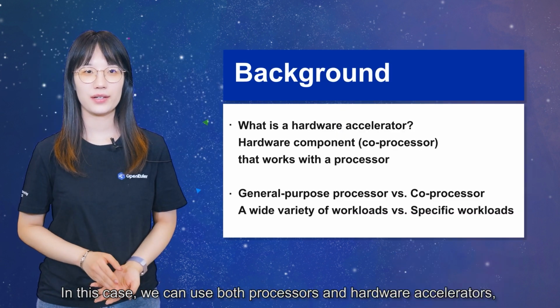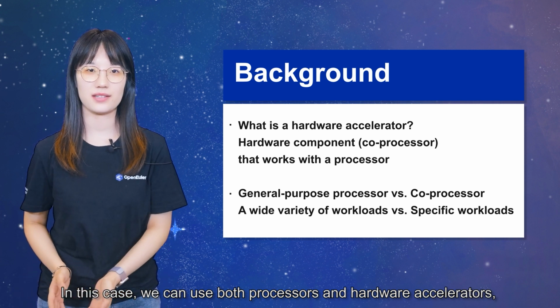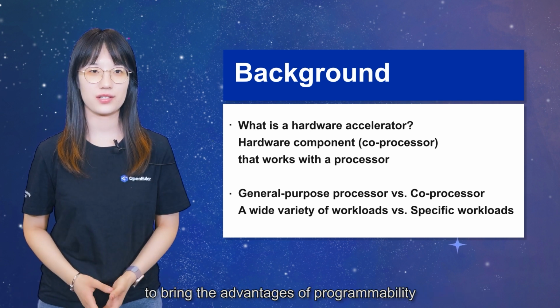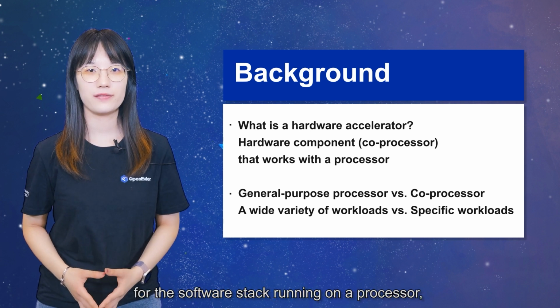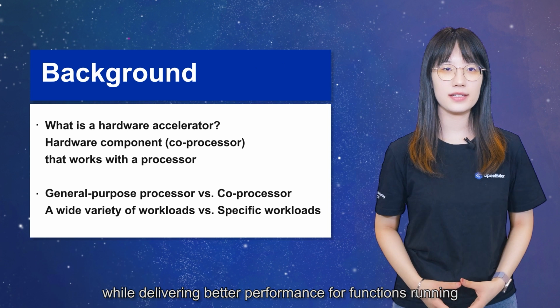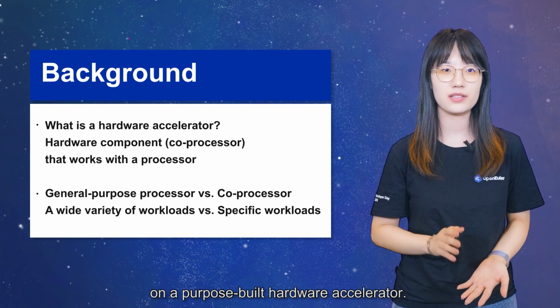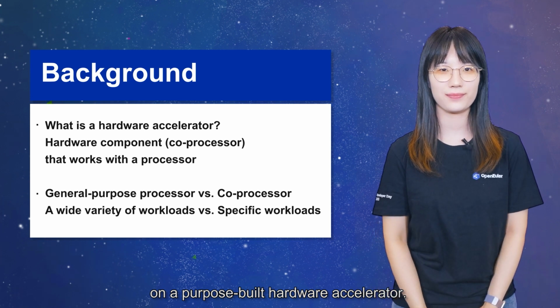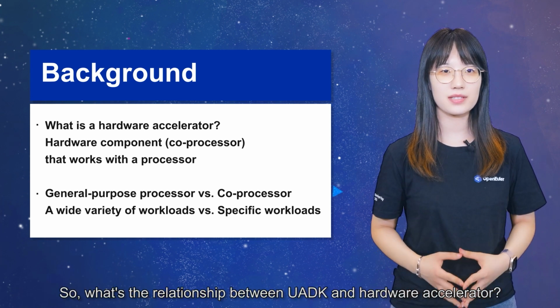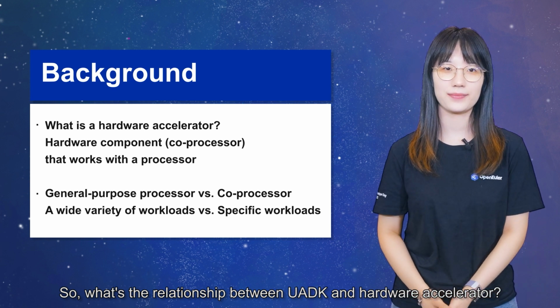In this case, we can use both processors and hardware accelerators to bring the advantages of programmability for the software stack running on a processor, while delivering better performance for functions running on a purpose-built hardware accelerator.